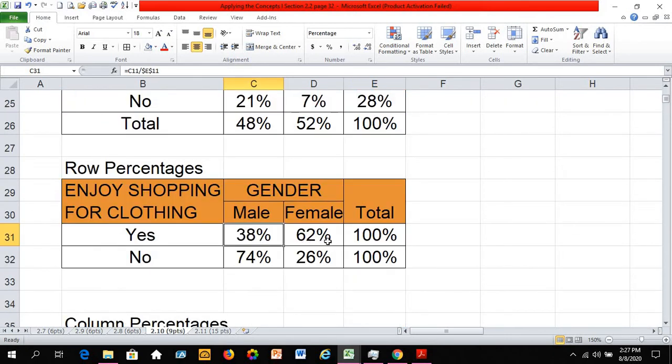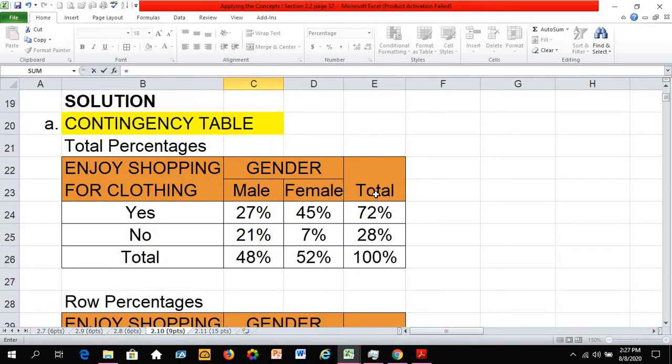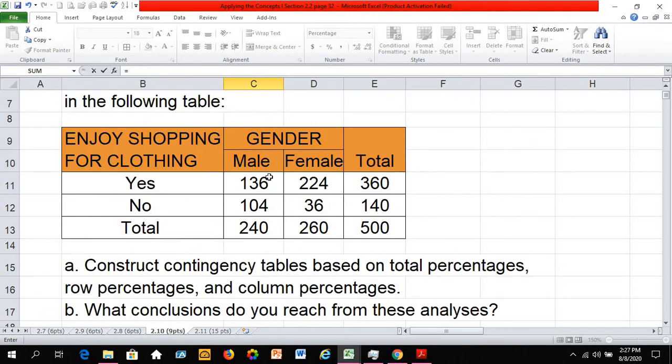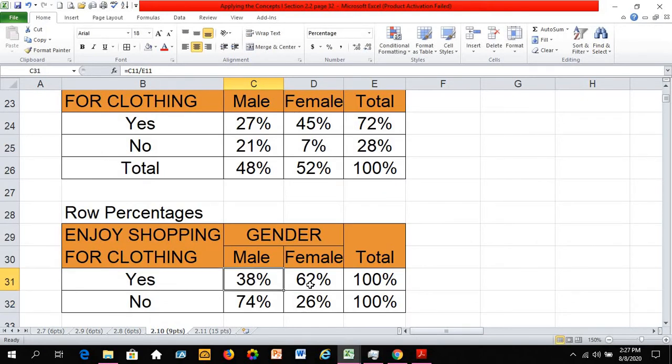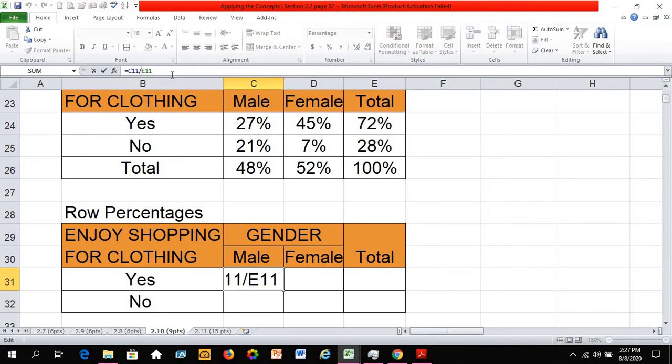Just to show you, that's equals, then go to your original table, that's your numerator, divide by your denominator, then press enter. To copy the formula, make sure that your denominator is locked, then drag the formula. So there you go.